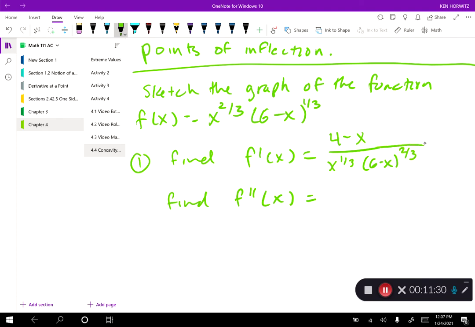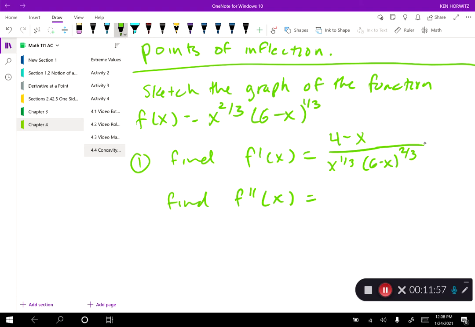If your answer differs, just check to make sure, because I simplified mine as much as possible. So yours might be a similar answer. It just might not be as simplified as mine is. So be sure when you're doing this curve sketching, don't just do the first and second derivative and leave them unsimplified. The more you simplify them, the easier the next steps are going to be.